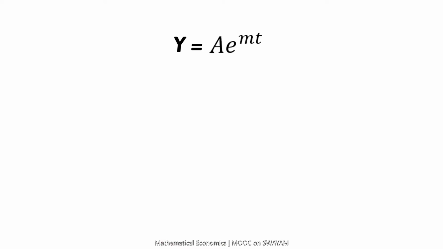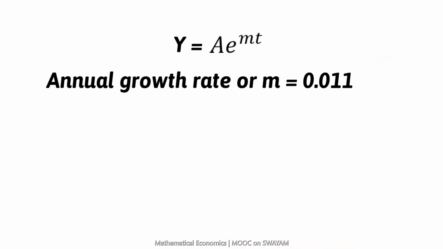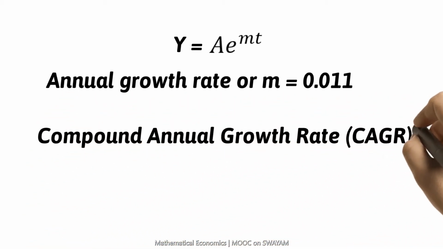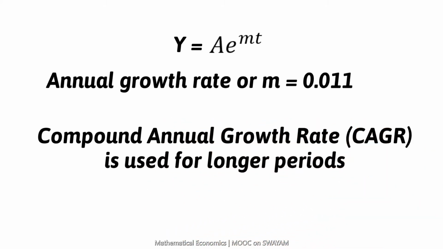Annual growth rate is 1.1% means M is equal to 0.011. The formula used to calculate annual growth rate uses the previous year as a base. Over longer periods of time, compound annual growth rate or CAGR is generally an acceptable metric for average growth rates.